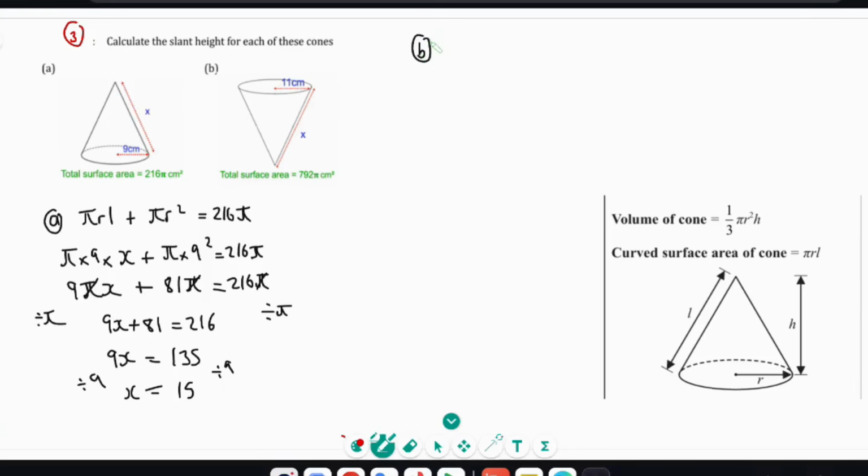So for B, we have pi times radius times slant height, add pi r squared is equal to 792 pi. Simplify.